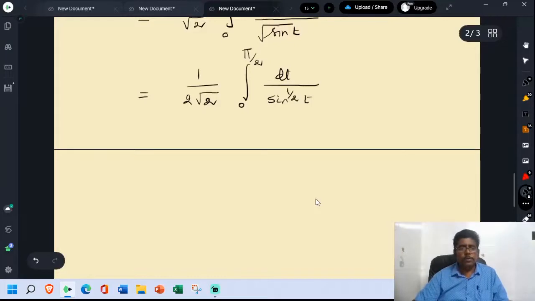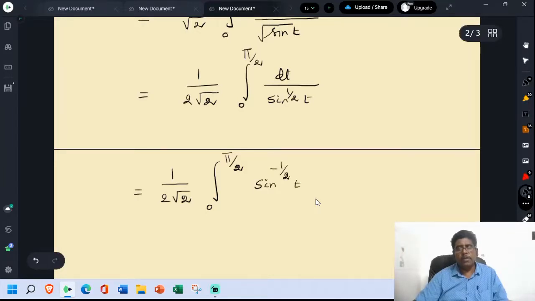This is equal to 1 by 2 root 2, integral limit varying from 0 to pi by 2. See this, sine power minus 1 by 2 into t and cos power 0 into t. Cos power 0 means 1. So if you introduce cos power 0 into t, which will not affect the nature of the equation, entire is multiplied by dt. Consider this is equation number 1.